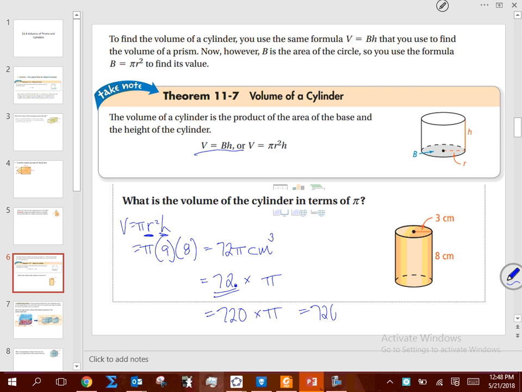So 720 pi millimeters cubed would be the same thing. Okay? Those are the same quantities, right? So if Cameron has 72 pi cubic centimeters in front of him, and Gage has 720 pi cubic millimeters in front of him, they both have the same amount of volume. Okay? It's being described differently.